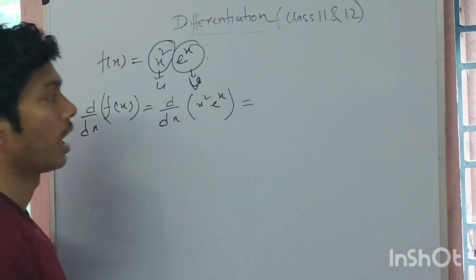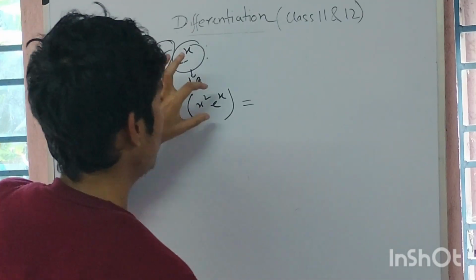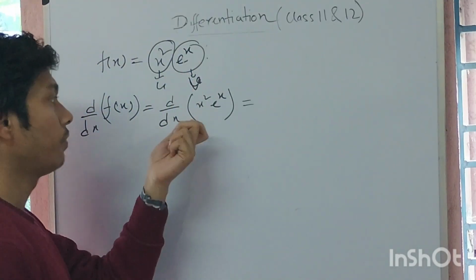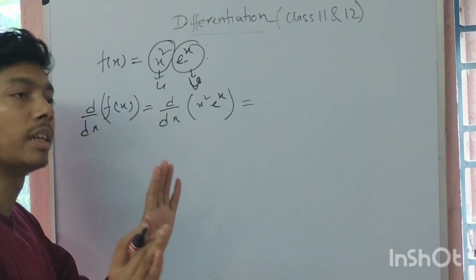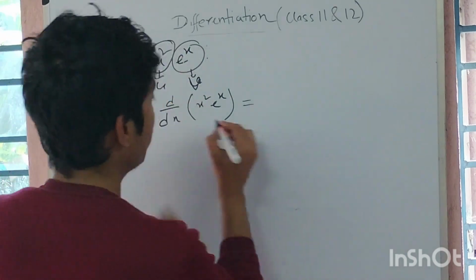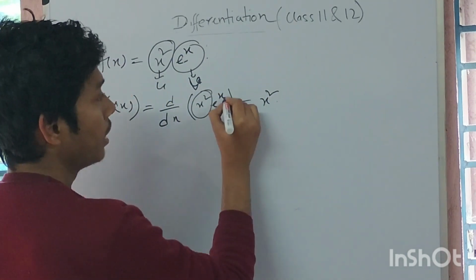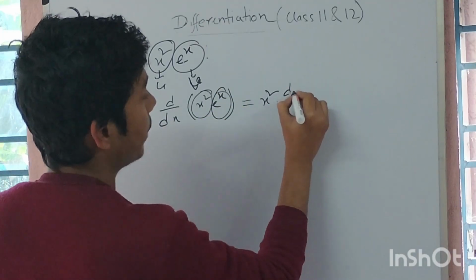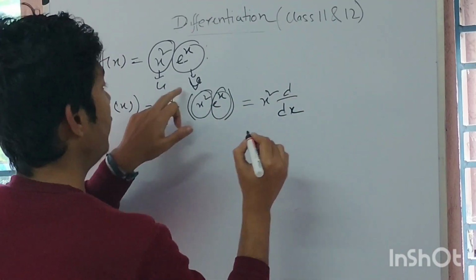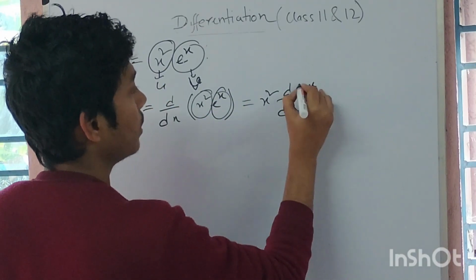Then what is your task? The first time you can fix anyone. I am fixing x squared first, keeping this one fixed, and taking d/dx of the second one, v, which is e to the power x.